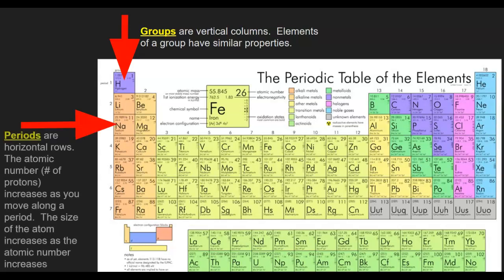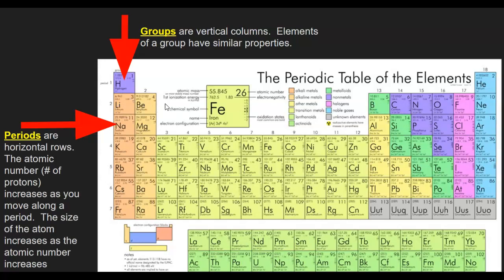Those horizontal rows are called periods. And if you take a look along a period, what we end up seeing is increasing atomic number. So this one has an atomic number of 1, which means it has 1 proton in the nucleus. Here's an atomic number of 2, so there are 2 protons in this nucleus. 3, 4, 5, 6, 7.